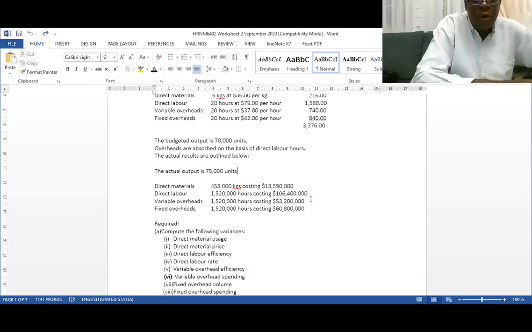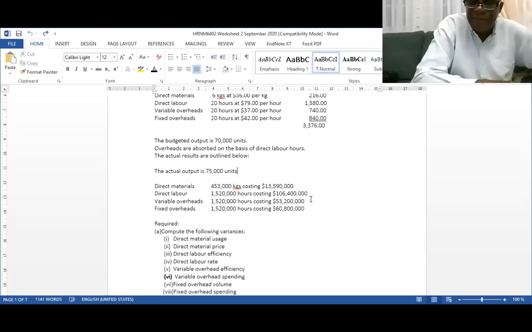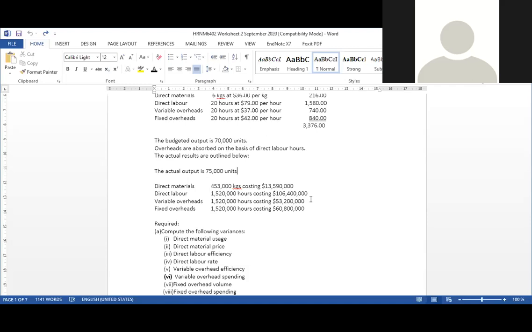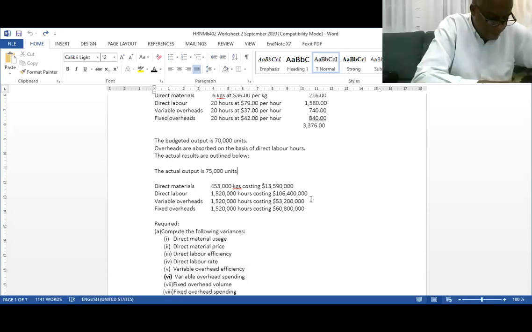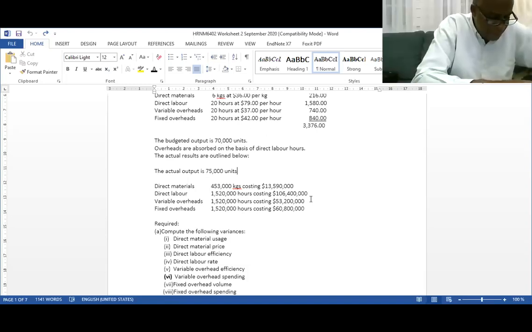So then, what did we expect to pay Latanya? We expected to pay $37 per hour. Okay, and we actually paid $35 per hour. Is this going to be a favorable variance or an adverse variance? Favorable, sir, because we paid less than expected. That's right. So it would be $37 per hour minus $35 per hour in brackets, multiplied by 1,520,000 hours.